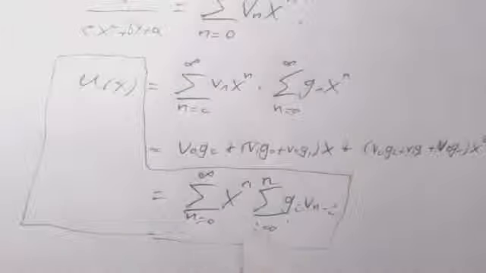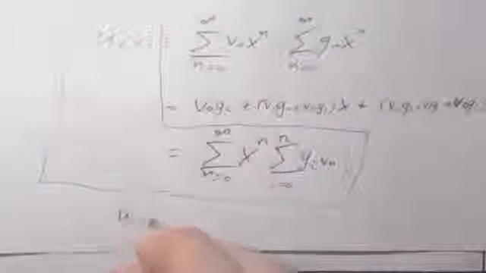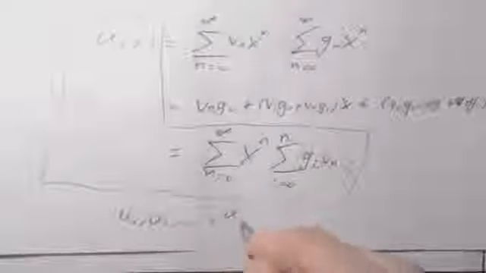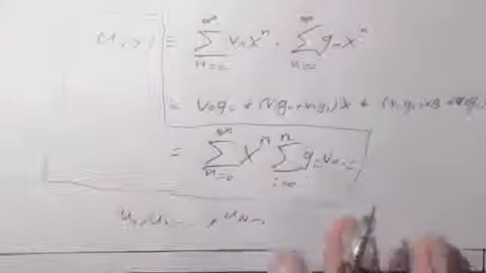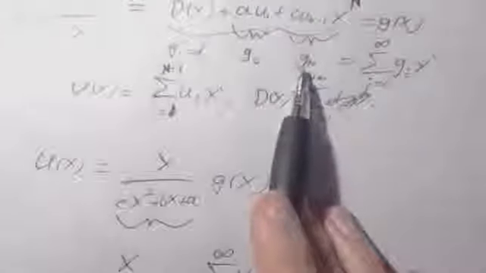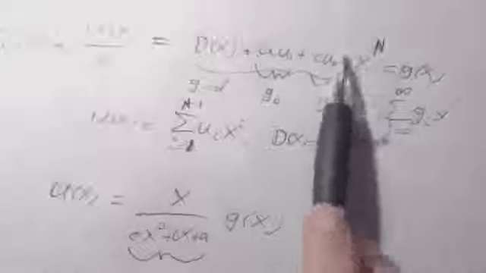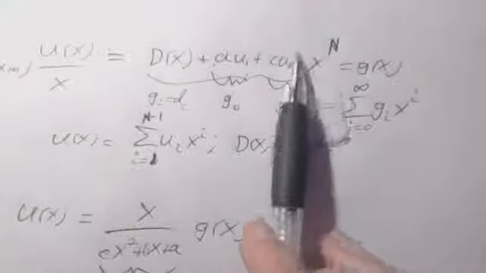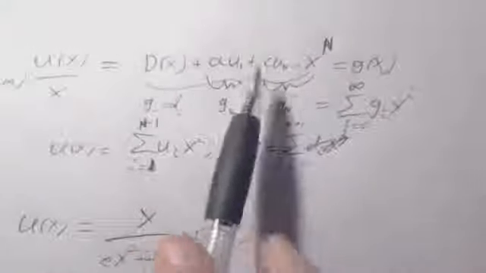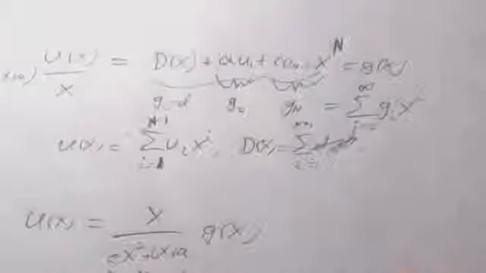So we're interested in knowing u1, u2 to u_(N minus 1). Therefore, we never need to worry about this g_N term. We only need to worry about the other terms that occur as coefficients of x to lower powers than N.